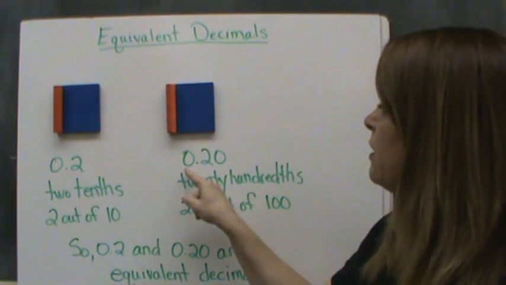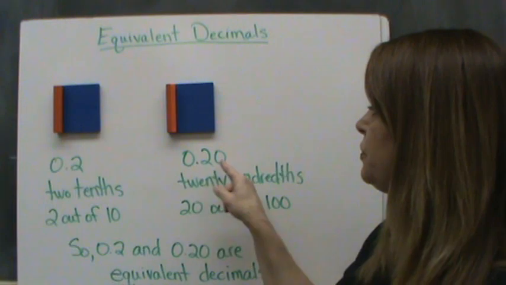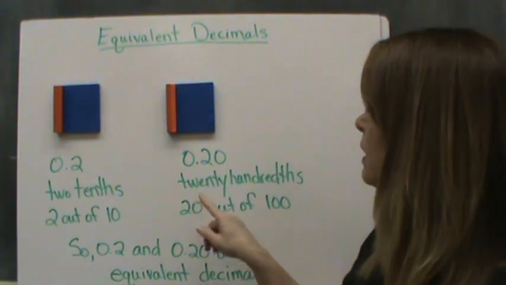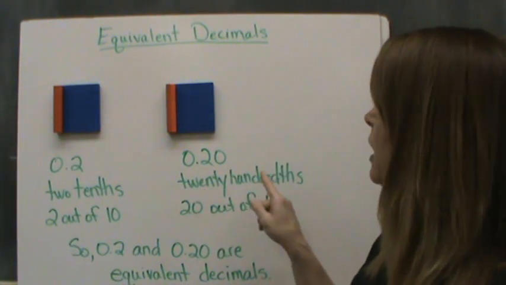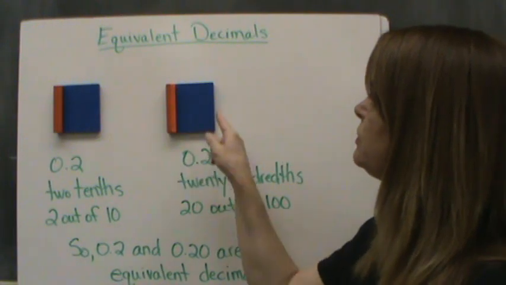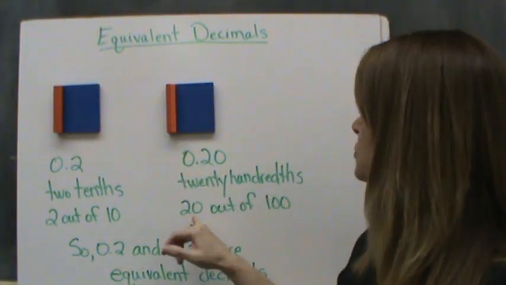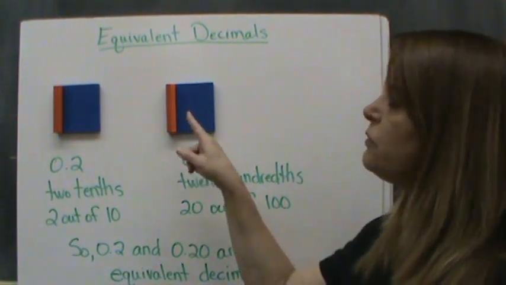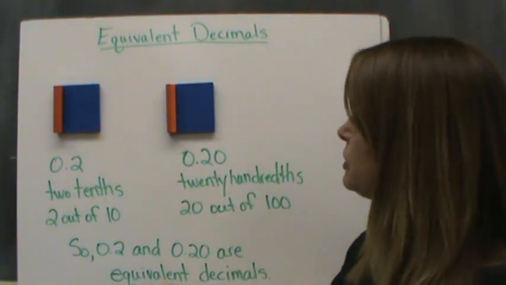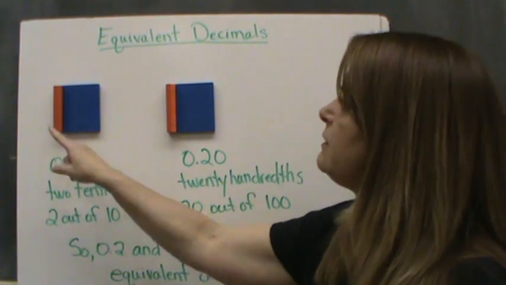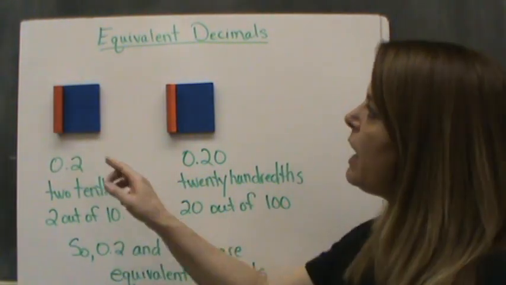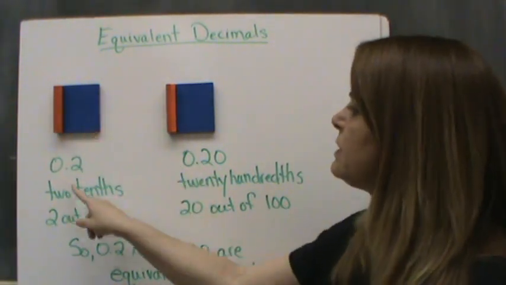So here I have 0.20, telling me it's 20 hundredths, because there are 100 little squares and 20 of those are orange. 20 out of the 100 are orange. If I look at these, they look just alike, so they are equivalent.